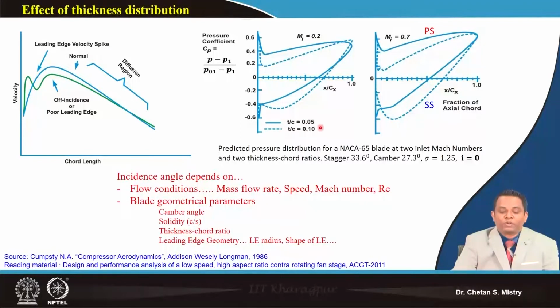In line with that, we have a thickness to chord ratio of 0.10. If we compare these two, this gives a different picture. For a thickness to chord ratio of 0.05, on my pressure side you will have less acceleration and a nearly constant pressure rise, and you will have higher acceleration near my suction surface, and this represents the diffusing process.